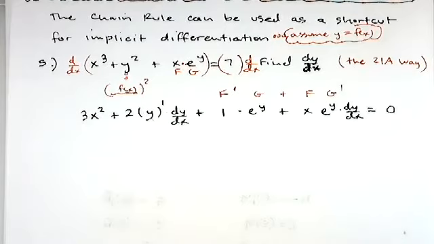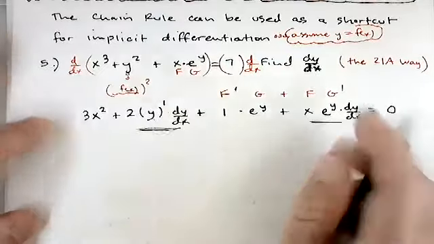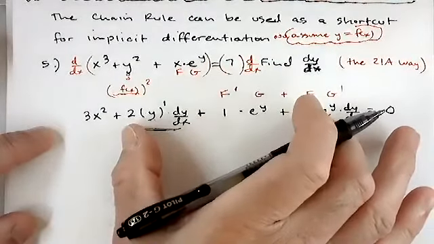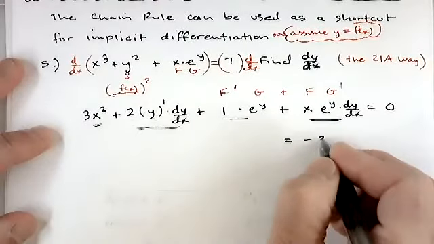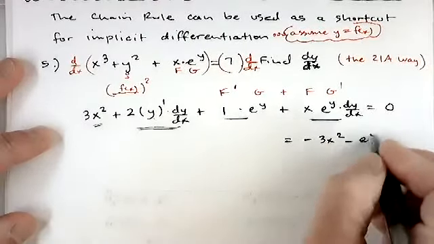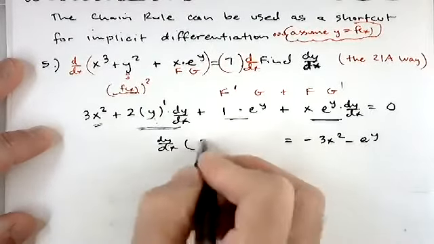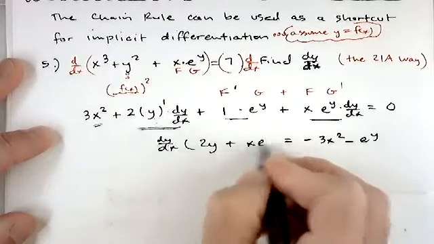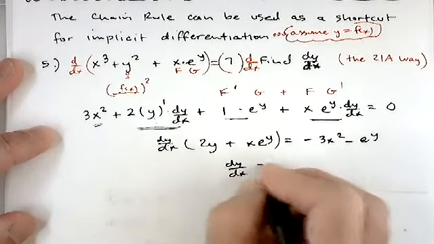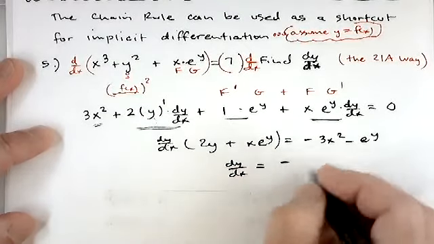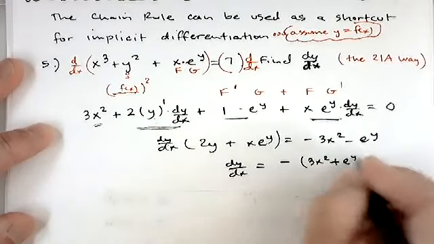And then what we did was we shuffled some terms around. Let's leave this term and this term on the left side because we want to factor out the dy dx. And we take the terms that don't have dy dx and move them over to the other side. Because for these two terms, we could factor out dy dx, and then just divide. Now, I'm going to factor out the negative from the top.